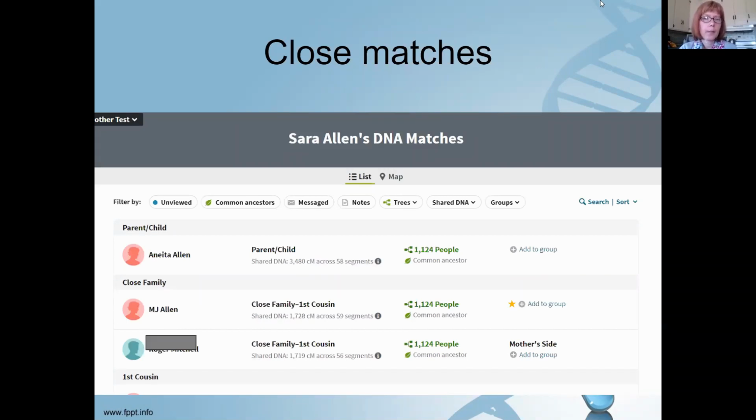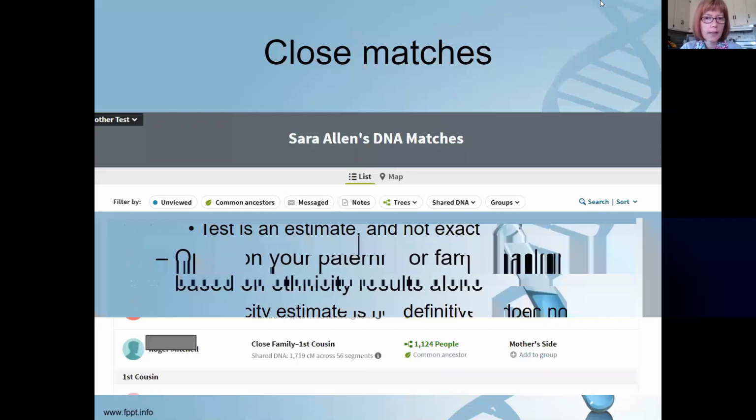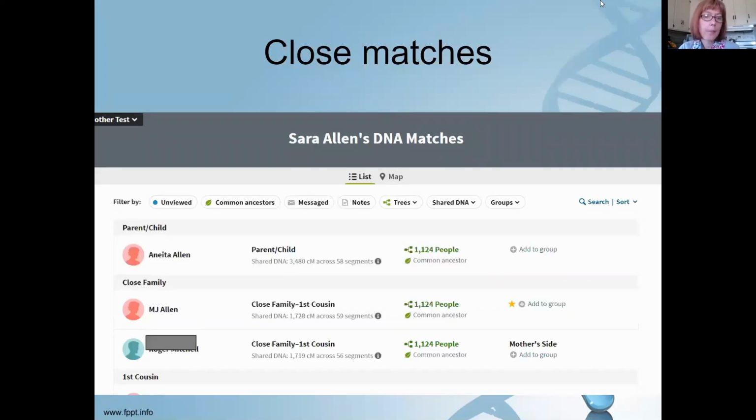Here's an example: the person at the top is my mother. My mother also took a DNA test with Ancestry, and she came up as my match. And not only that, she came up as a match as my mother. So that's what I mean, that the DNA test will show you who your parent is through the matching, not through the ethnicity estimate.